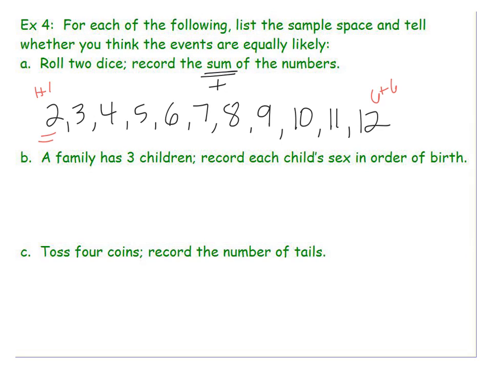Well, 8 could be 4 and 4 on a die. It could also be 3 and 5. It could also be 5 and 3. And yes, remember, these are 2 separate dice. So 5 and 3 and 3 and 5 are both possibilities. So as you can easily see, 2 and 12 have way less of a chance of happening than the number 8. So these are not equally likely.